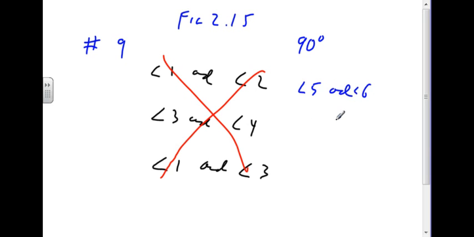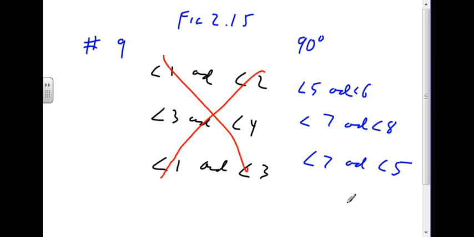Angle 5, angle 6. Angle 7, angle 8. Where's the other one? Angle 7, angle 5. Okay, does that work for you? All right.